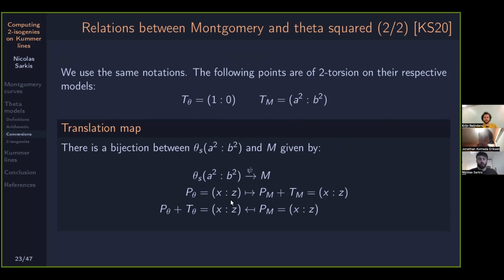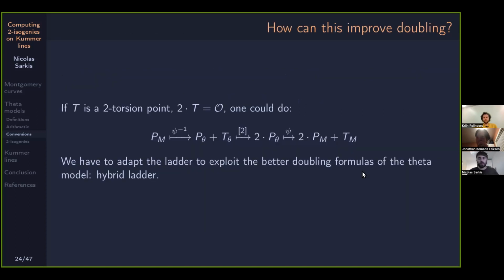Given a point, if you write it x in theta squared, you just send it to x in Montgomery, and you recover this same point up to a two torsion point. So you send a point in theta to the corresponding point in Montgomery plus a two torsion point, and vice versa. So this conversion is completely free because you just keep the same value, but you have to deal with the two torsion point. And the question is, can this improve doubling?